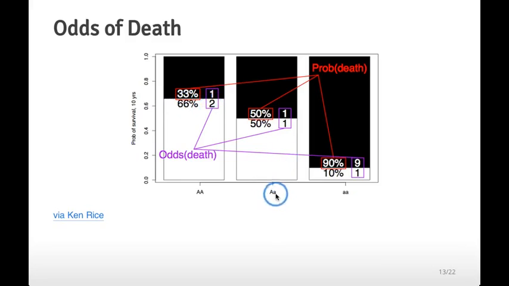In the case of big A, little a, you have a 50% chance of dying and a 50% chance of surviving, so the odds are 1 over 1, so it's just 1. And in this case, the probability of death is 90%, and the probability of surviving is 10%. So you get odds of 9 over 1, which is 9, which is a very large odds.